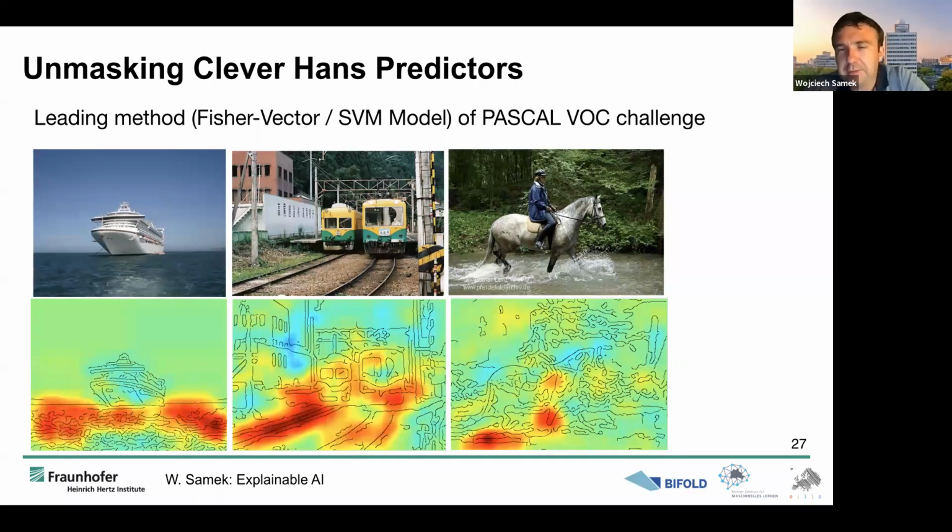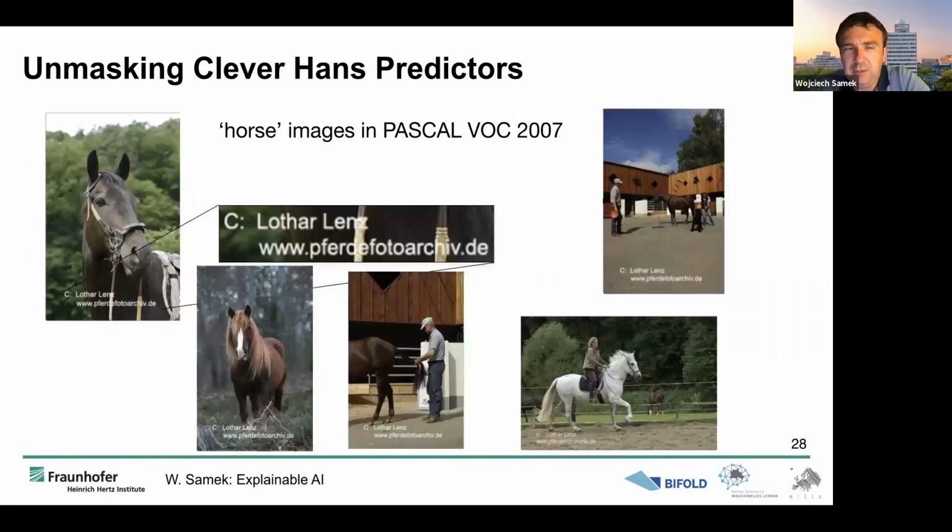We didn't understand it, and we were really puzzled and had to look at the data set, at the horse class. And it turns out that a lot of horses in the data set have a copyright tag, because these images were crawled from the internet, from some websites with horses, and a lot of websites with horses have a copyright tag, apparently.